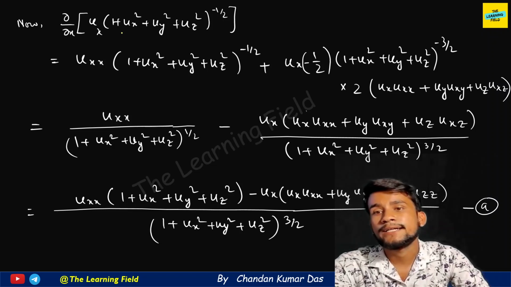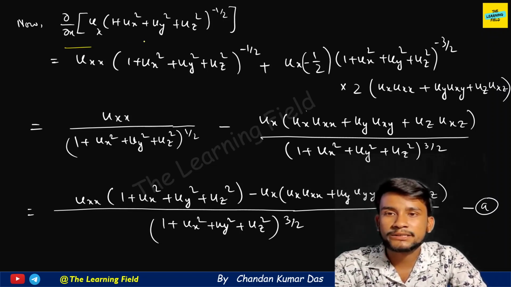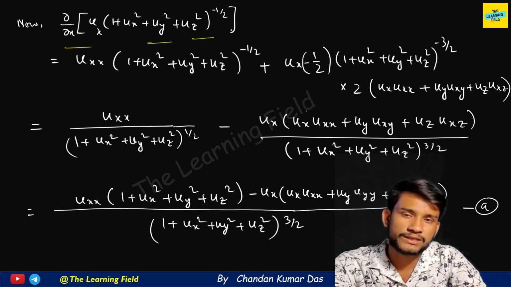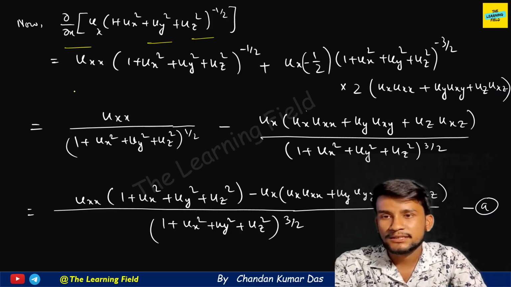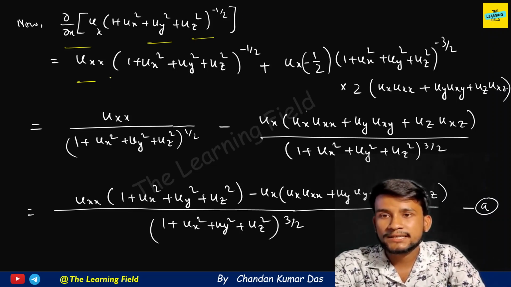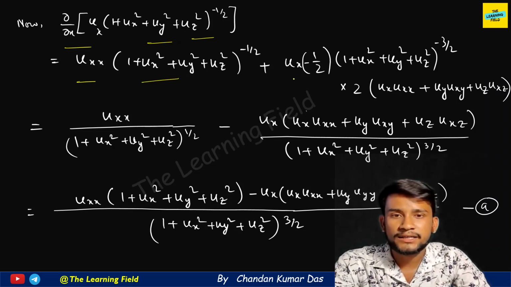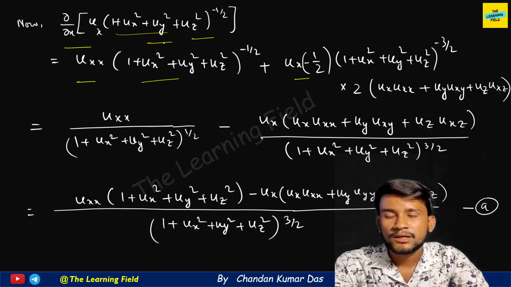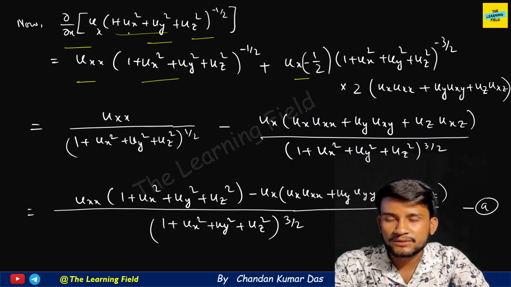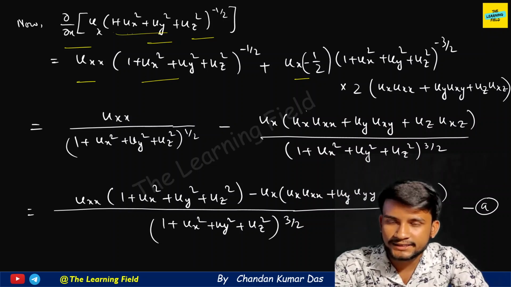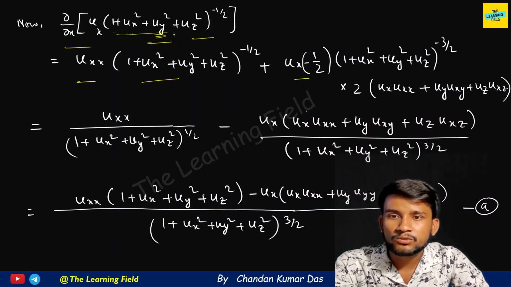So now del x of ux into 1 plus ux square plus uy square plus uz square to the power minus half gives uxx; first we differentiate this term and this is the rest, and then ux times the derivative of this term gives minus half to the power minus 3 by 2, and del x of this one gives 2 ux into uxx plus 2 uy into uyx and 2 uz into uxz.